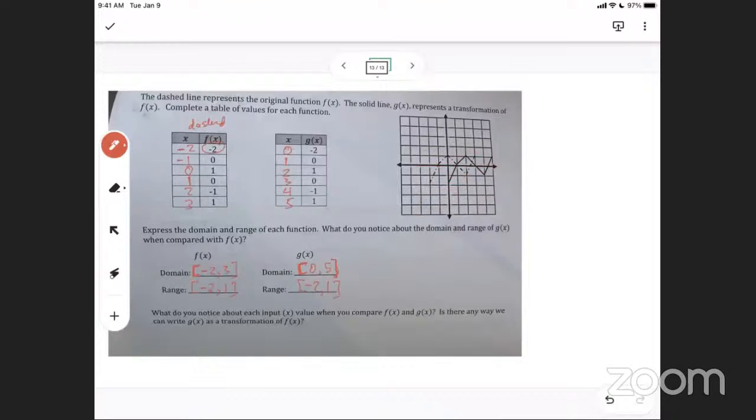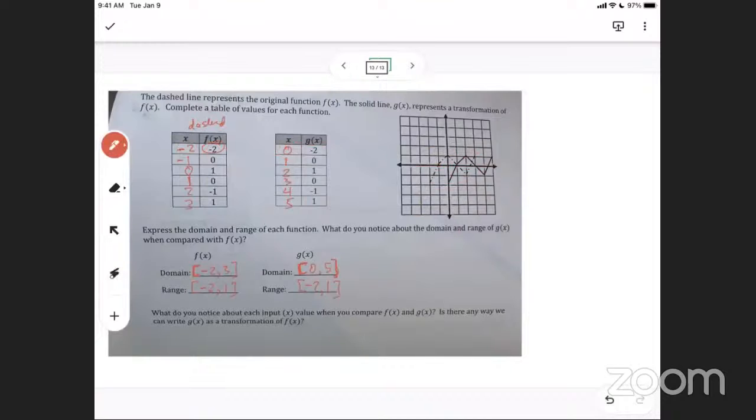So it says, what do you notice about each input value when comparing f of x and g of x? Do you see what's happening each time? See how the outputs are all the same on f of x and g of x? But the inputs are 2 less for the f of x, or the inputs are 2 more for g of x. So is there any way we can write g of x as a transformation of f of x?